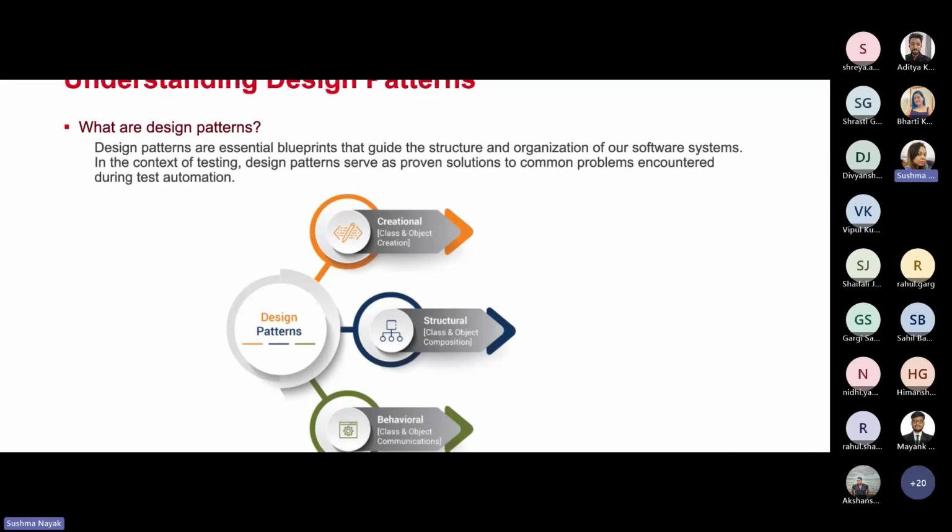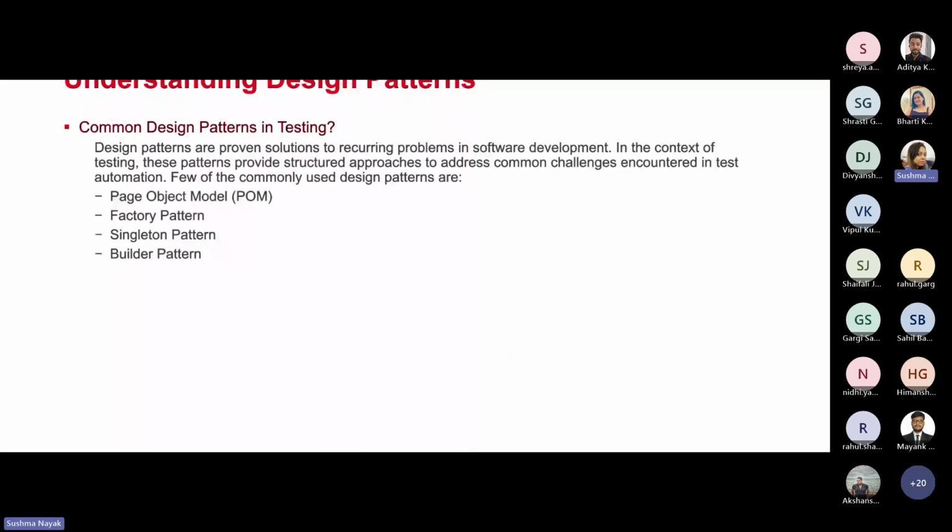Now if you move ahead, the common design patterns in testing, as we already discussed in the previous slide what design patterns are, are the few commonly used ones which we'll be covering. The first one is page object model. This is a very hyped design pattern.